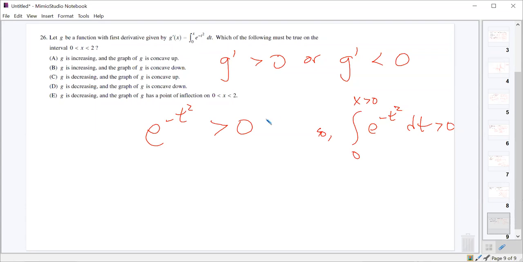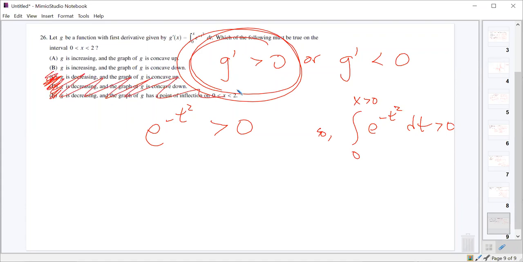So we know that g prime is positive. So if g prime is positive, it tells us that g is increasing. So we can get rid of c, d, and e immediately because they're all decreasing.